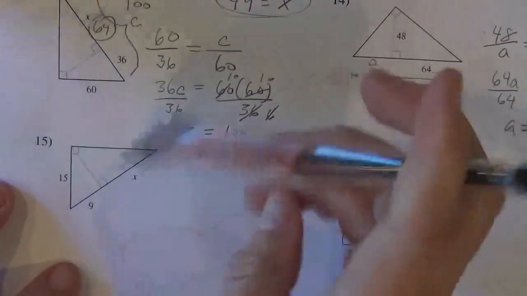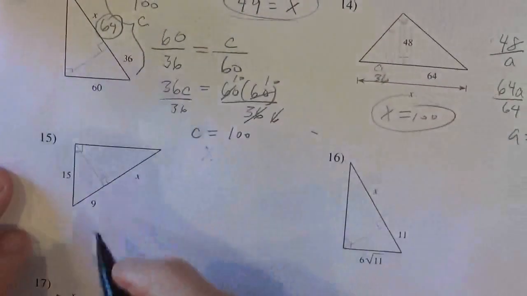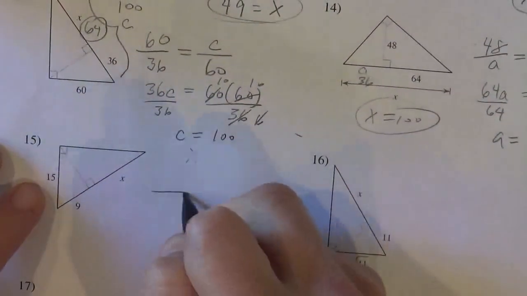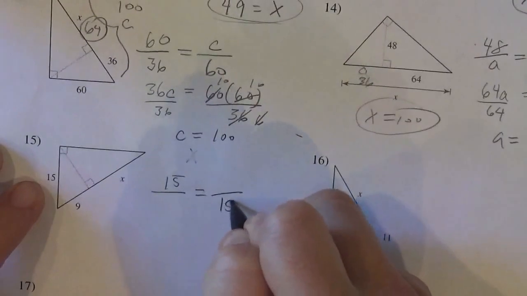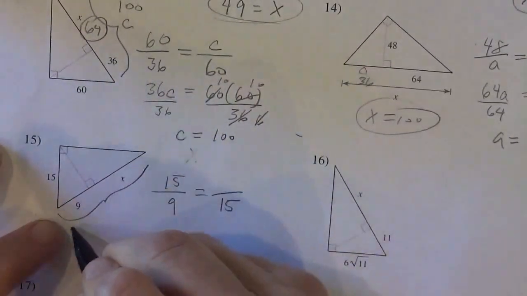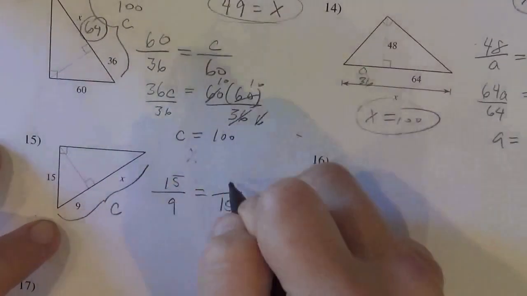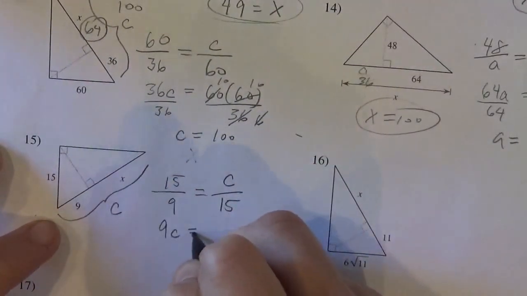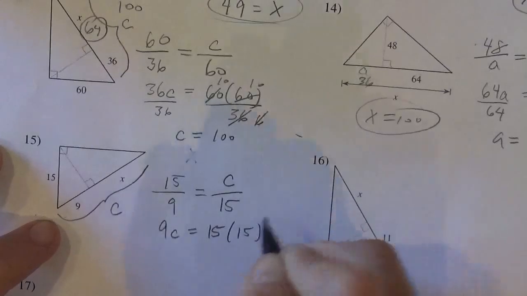Skipping now to 15. I'll do the same thing. I'll put the 15 on the diagonal, and then the 9 goes there because that's close, and then the whole thing, I'll call it C. So 9C equals 15 times 15.